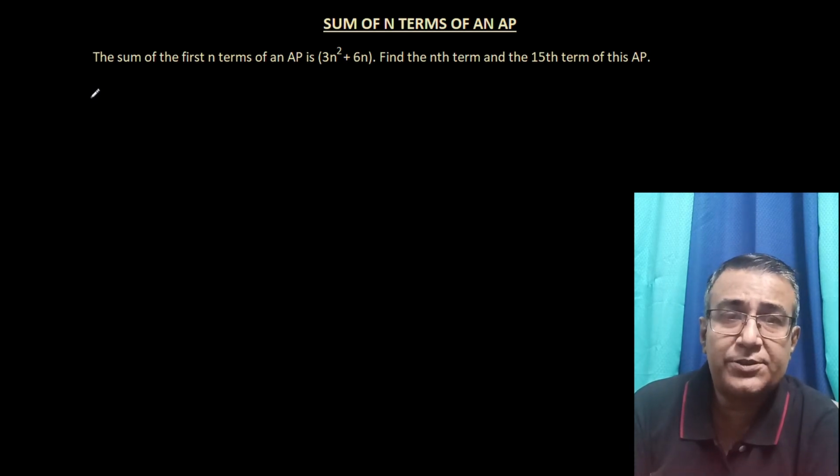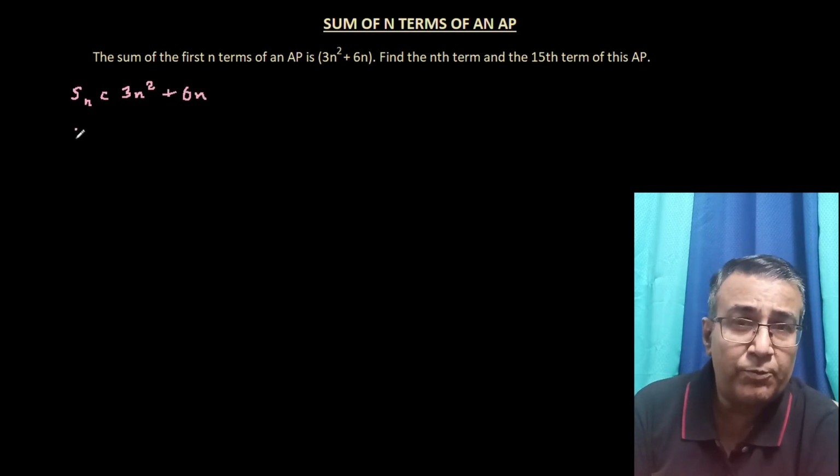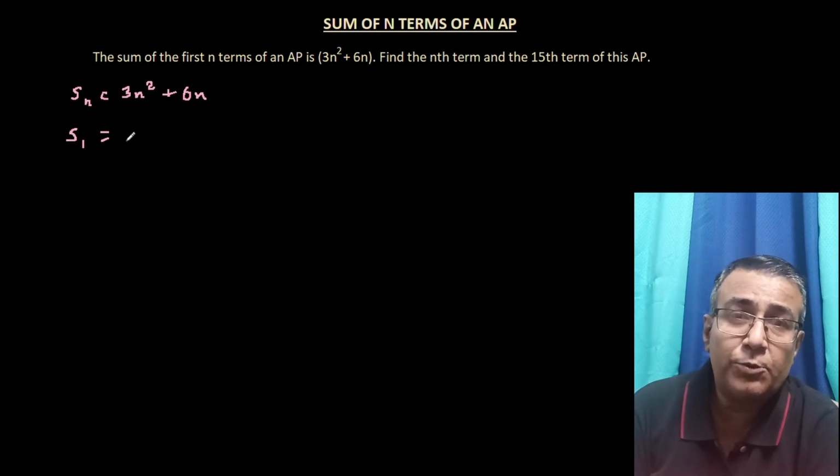Right, so let's first start by writing out what is given to us. We know that the sum of n terms S of n is equal to 3n squared plus 6n. So using this formula, we can find the sum of one term, the first term only, and since we are finding the sum of only one term, the value of n will become 1.